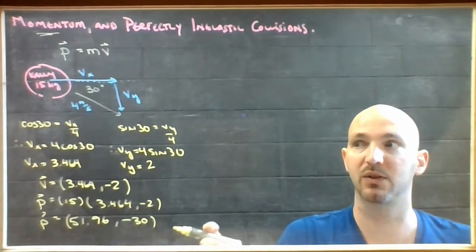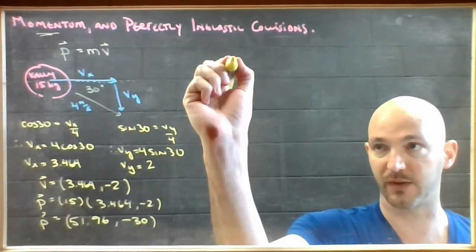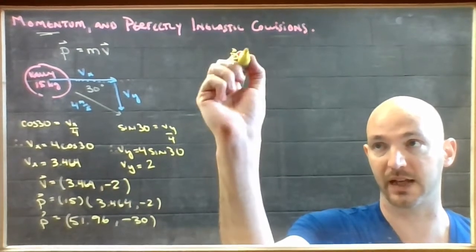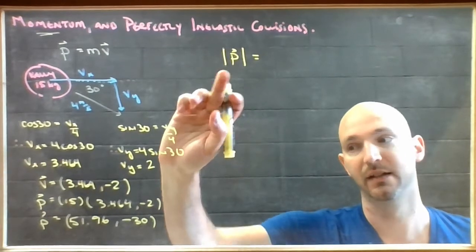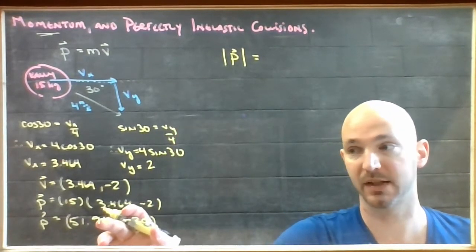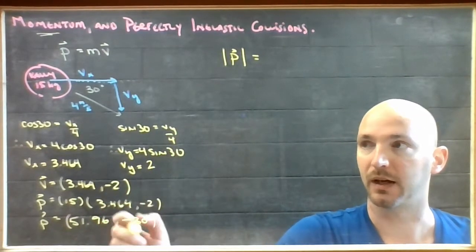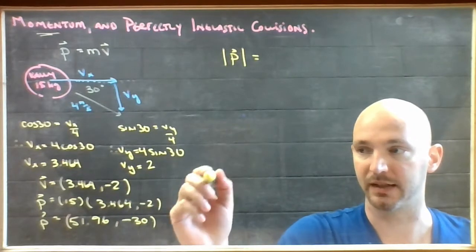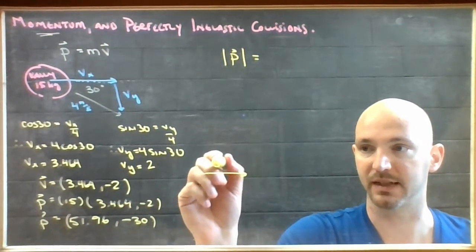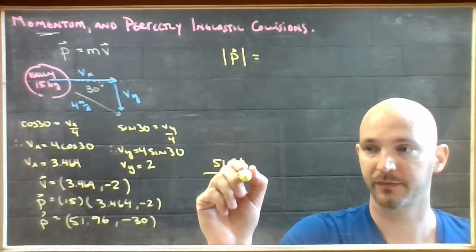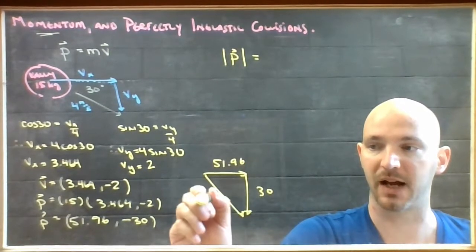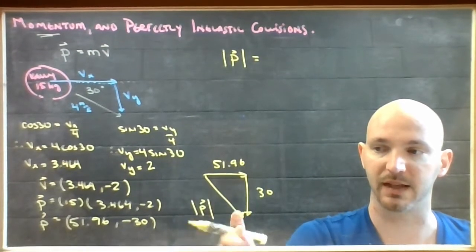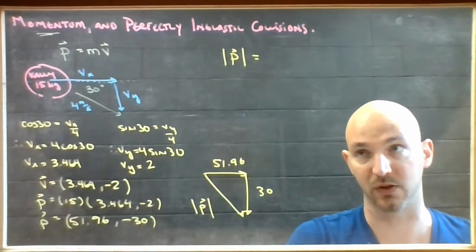If you wanted to know the magnitude of that, so if I wanted to know how much momentum Kelly has, magnitude of momentum, that's just asking how big the hypotenuse of this thing is. Kelly's momentum vector is 51.96 this way and 30 in that direction. So I'm after this. How big is that momentum in total?